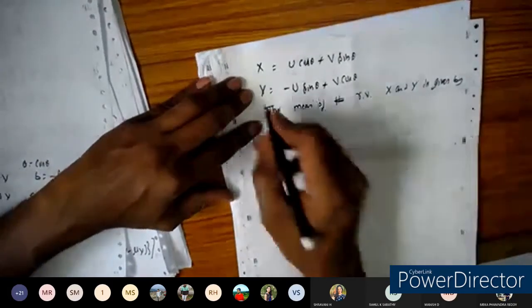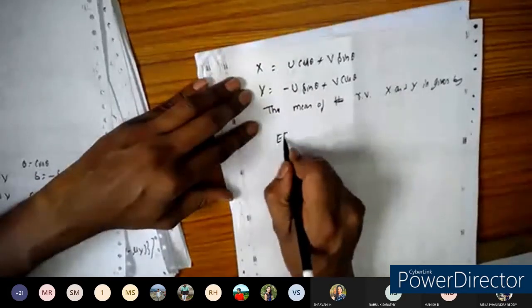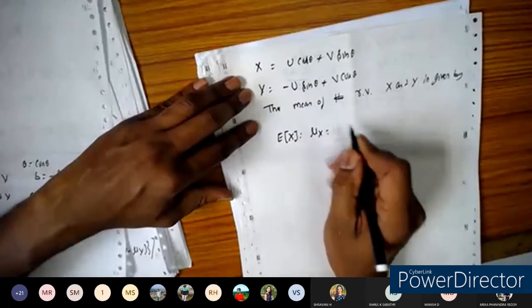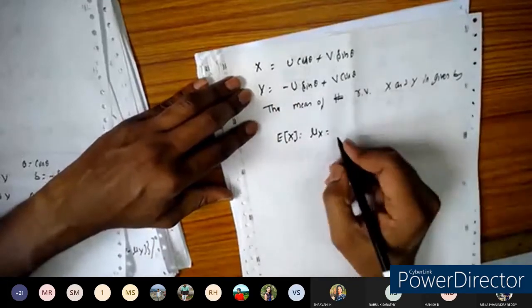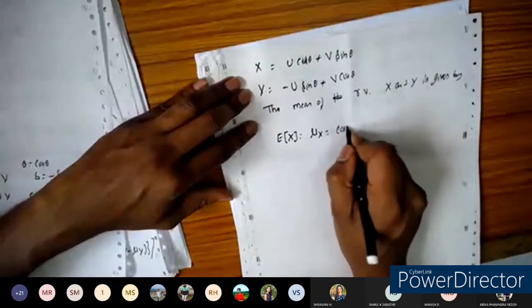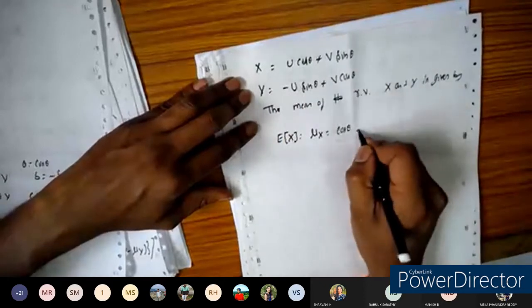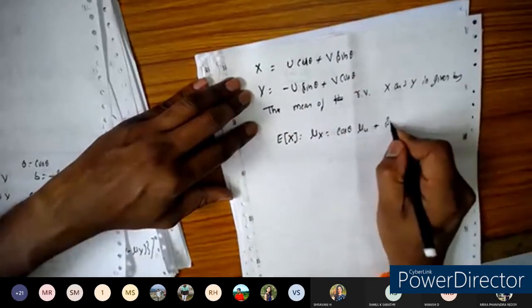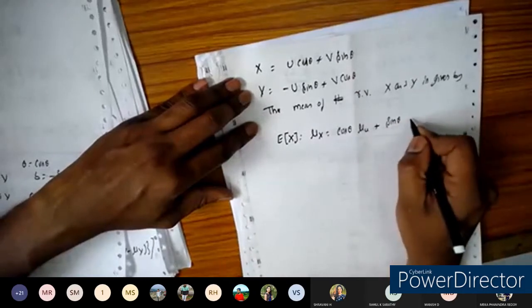Okay, so let us find out the mean here. The mean of this one is the expected value of x, which will become nu x. And for u, we know that already the mean is nu u. So we can write this as nu u into cos theta plus sin theta nu v. The expectation of a constant is the constant only, it will remain here.